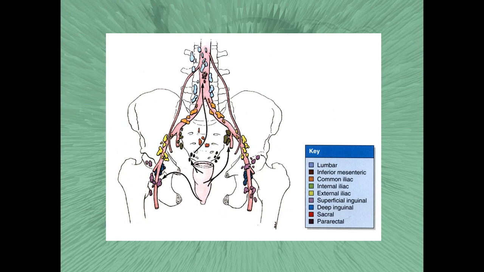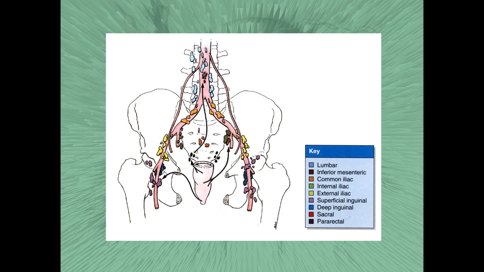From the ampulla or pelvic part of the rectum, lymph drains into the presacral lymph nodes, then also to the middle rectal lymph nodes, then to the internal iliac lymphatic nodes, and then to the common iliac lymph nodes, to the lumbar trunk, and to the thoracic duct.